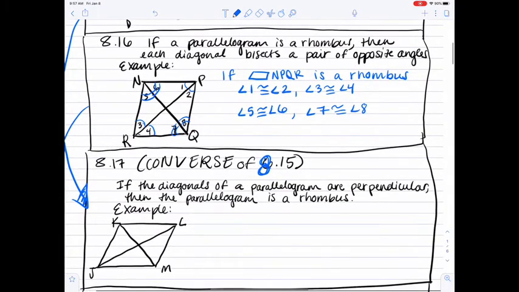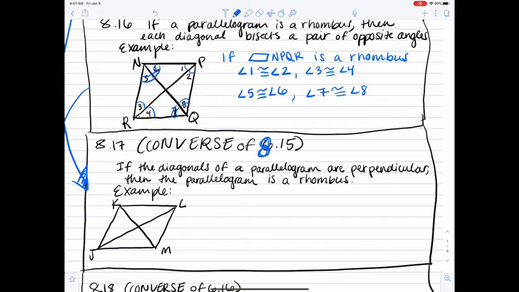So in this case, the example is going to be if JL is perpendicular to KM, then parallelogram JKLM is a rhombus.